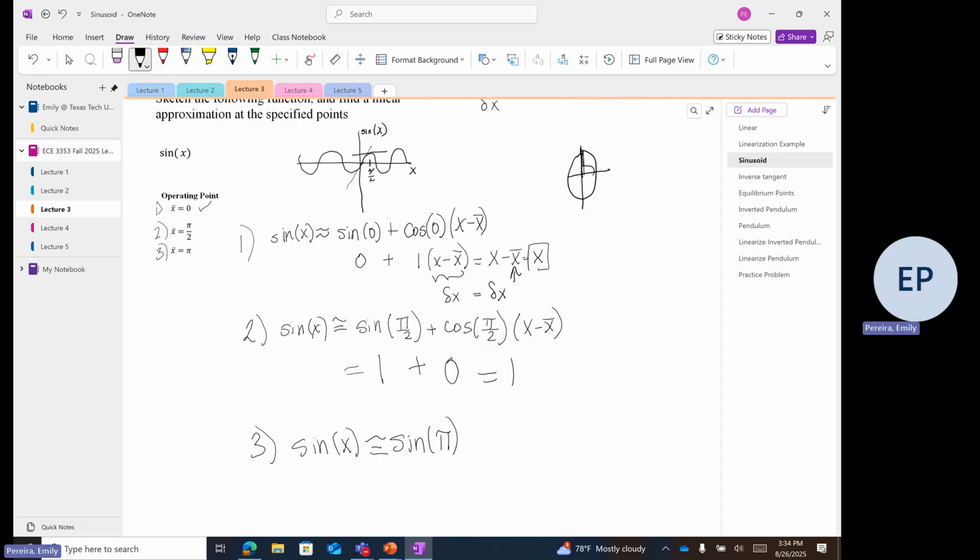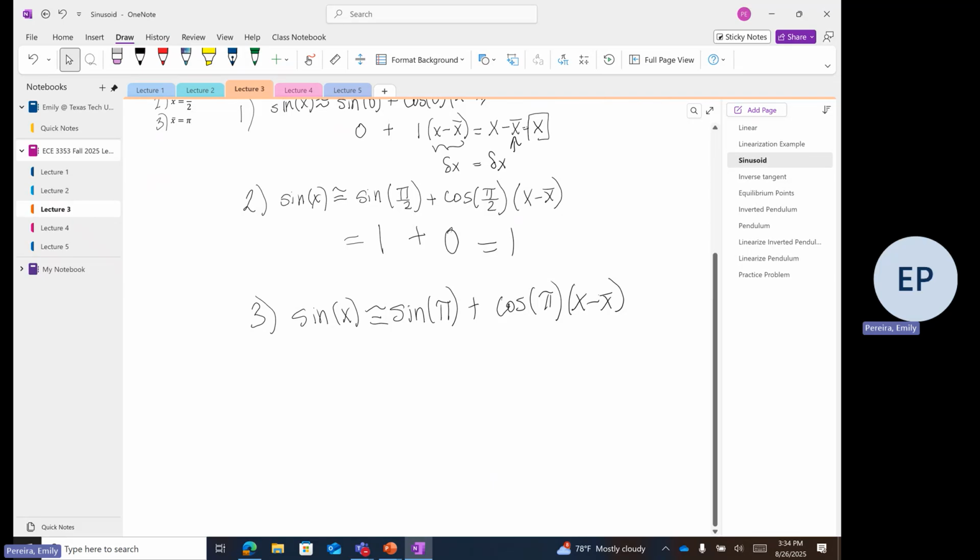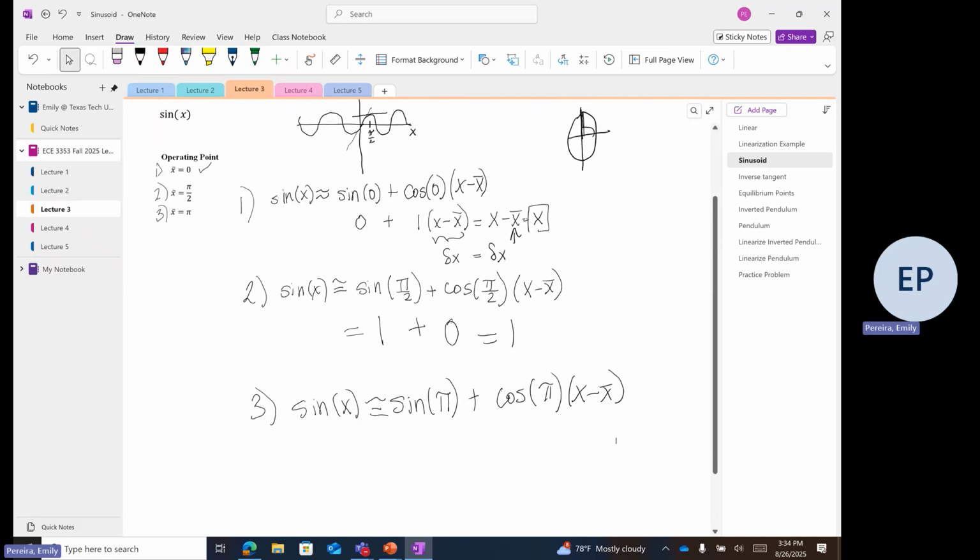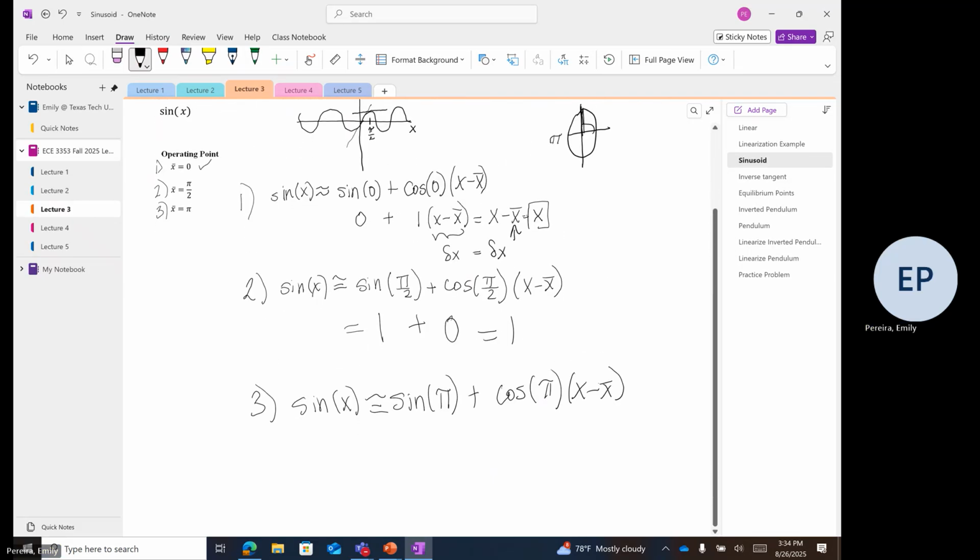Okay, for the last one, sine of x is now going to be approximately equal to sine at pi plus cosine at pi times x minus x bar. So sine at pi, this is pi, sine is 0, cosine is negative 1, times x minus x bar.